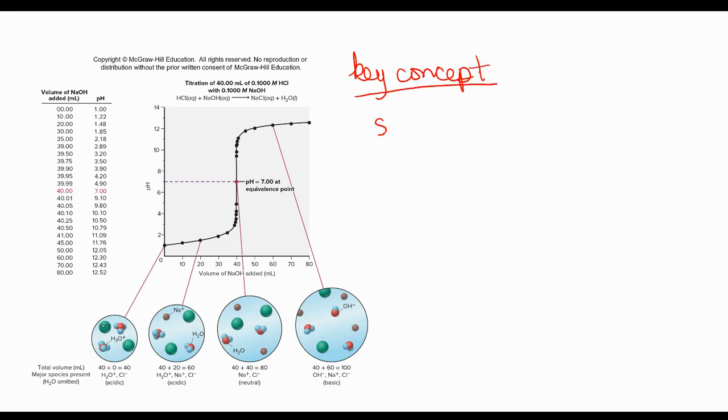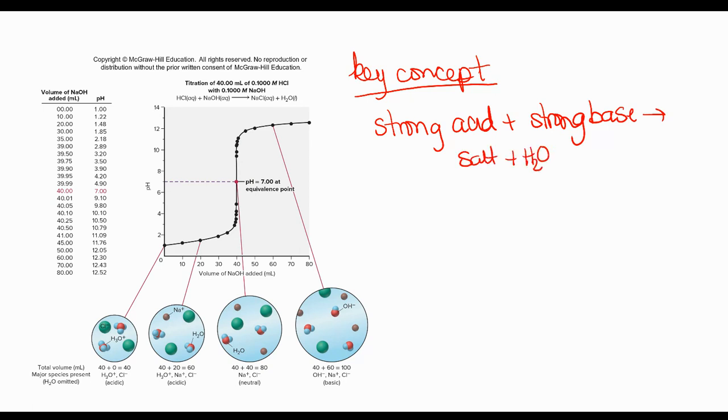When you have a strong acid plus strong base to make salt and water, the salt that you're forming will always be neutral. Why is that? Because, for example, if you have HCl plus NaOH, oops, getting ahead of myself there.